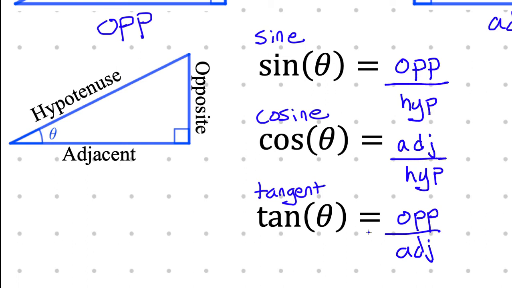I don't know what the lengths are, but I just know that the ratio from here to here is going to be the opposite over hypotenuse. So when I'm saying sine, I'm really saying I know the ratio of those infinite number of similar triangles. It's really weird to think about because you're not really plugging any numbers in. You're just saying, I can figure out how much bigger this one is percentage-wise than this one, or vice versa.